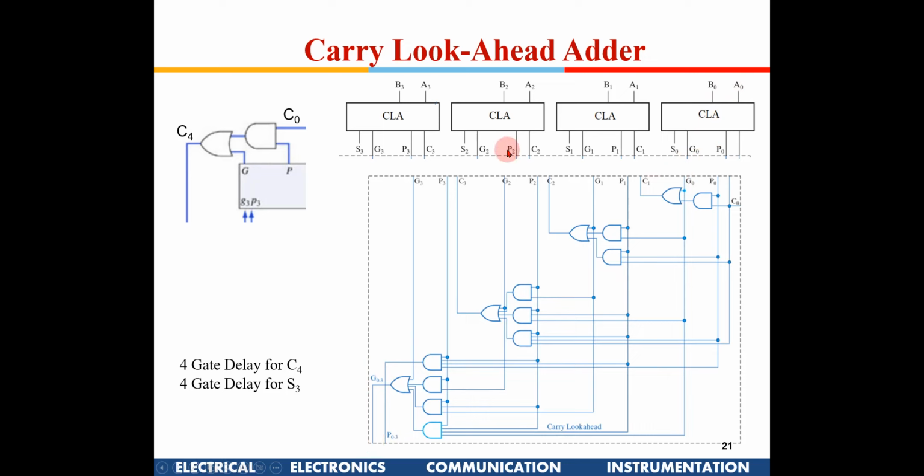To generate these inside carries, carry 1, carry 2, it will take 3 gate delays. For this sum it will take 4 gate delays, and for the carry the total is also 4 gate delays. So this much you need to remember to understand what happens in the next stage.